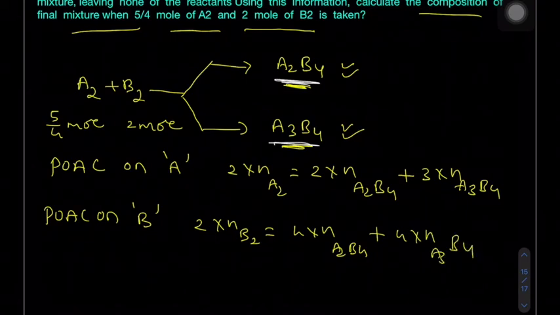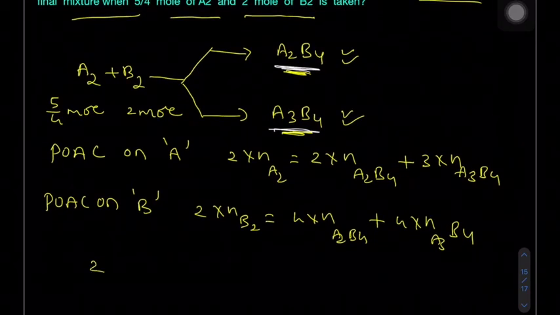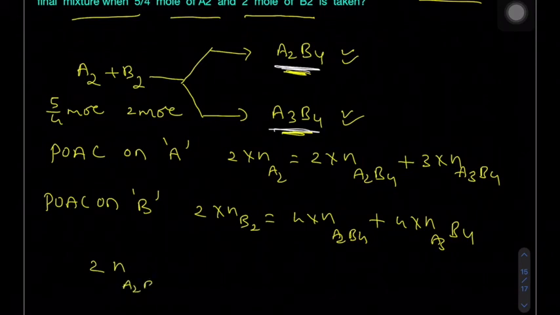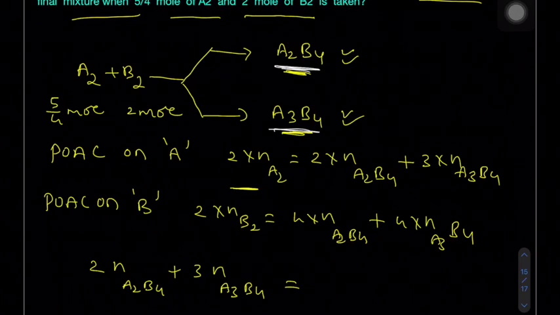Now how many moles of A2 are given to you? 5/4. 2 into 5/4 means 5/2. So 2 into the number of moles of A2B4 plus 3 into the number of moles of A3B4 will be equal to 2 into the number of moles of A2, 2 into 5/4, that is 5/2. Let's call this equation number 1.